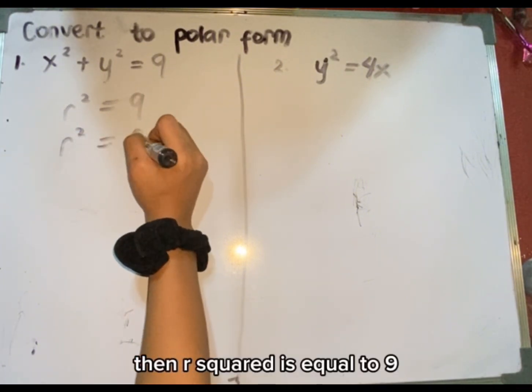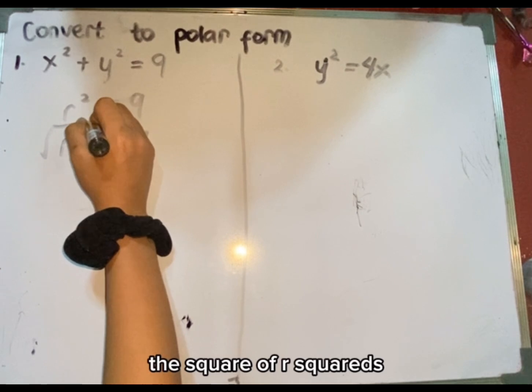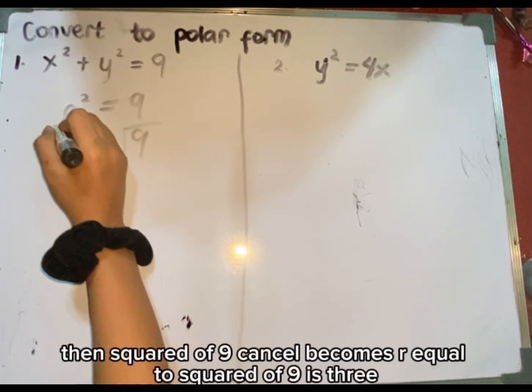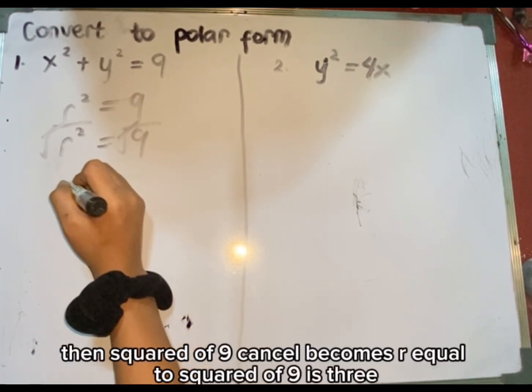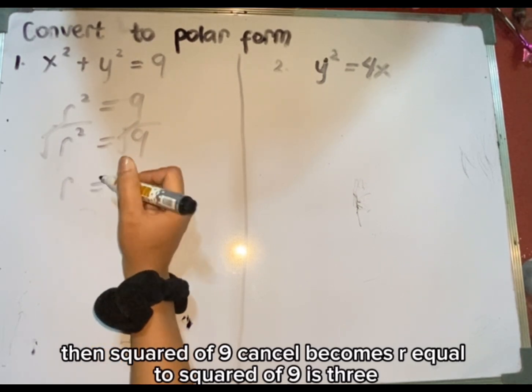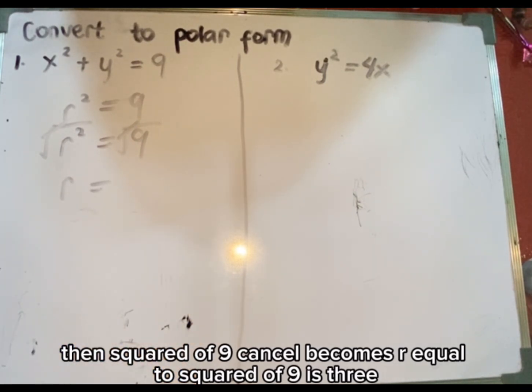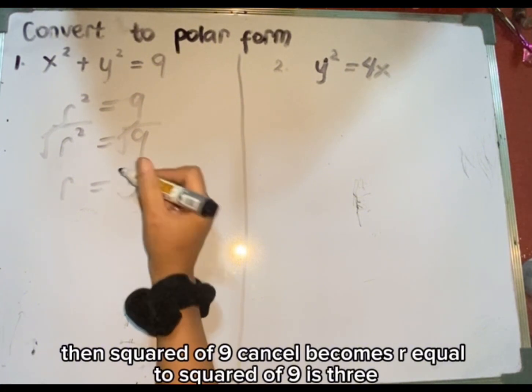Then the square root of r squared and the square root of 9: the square root cancels, becomes r equal to square root of 9, which is 3.